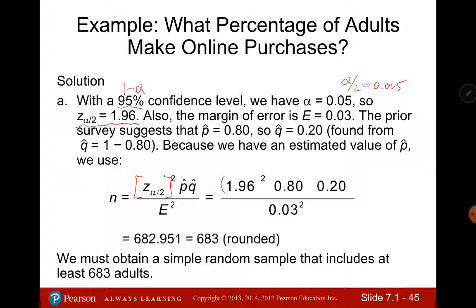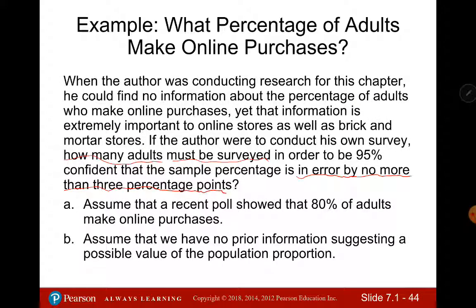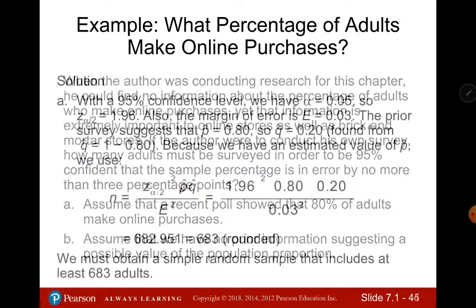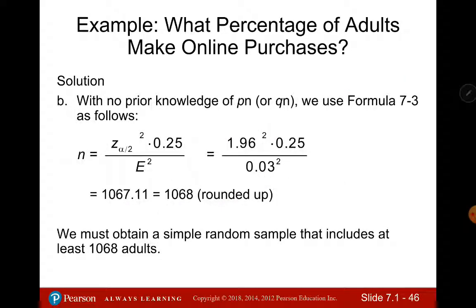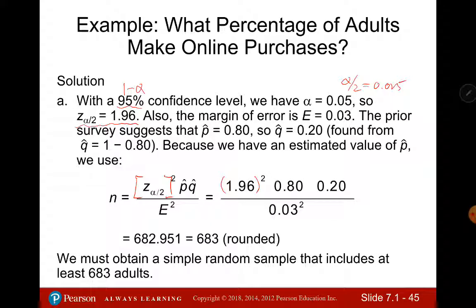Of course, 0.8 is our p-hat, because from the question we know 80% make online purchases, which means 80% is the p-hat. If 80% is our p-hat, then 20% is our q-hat.